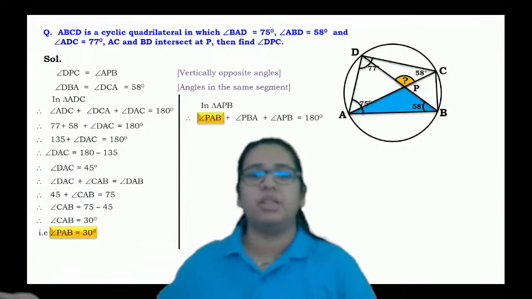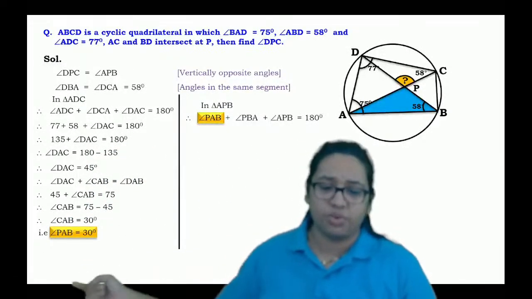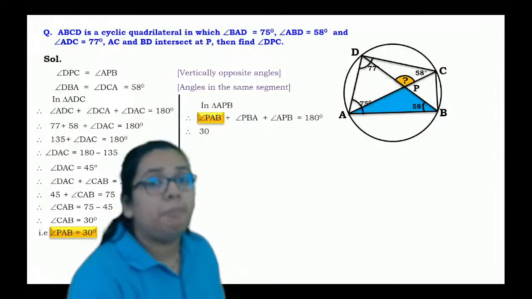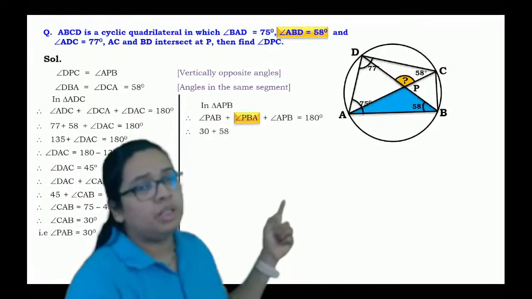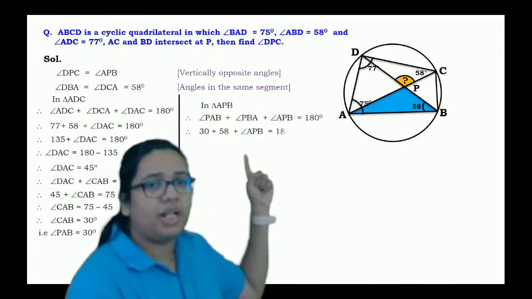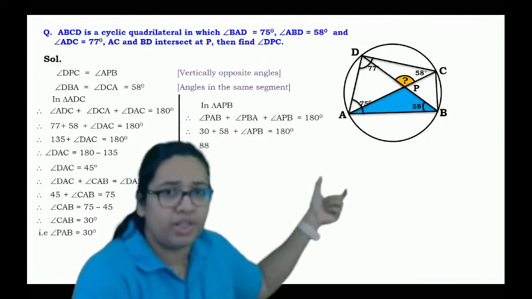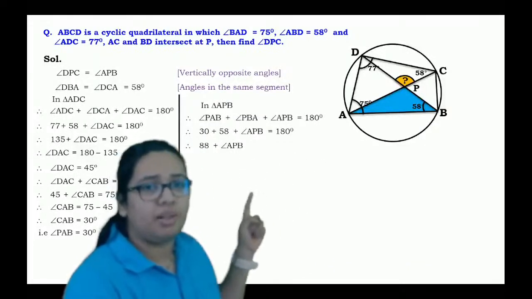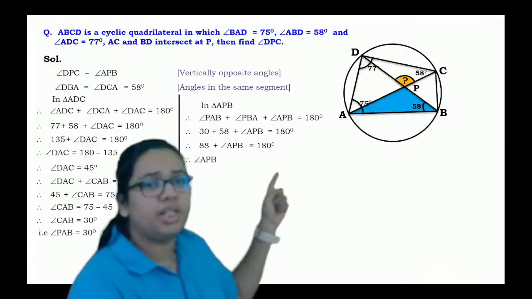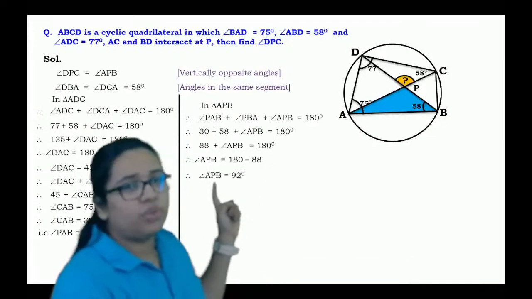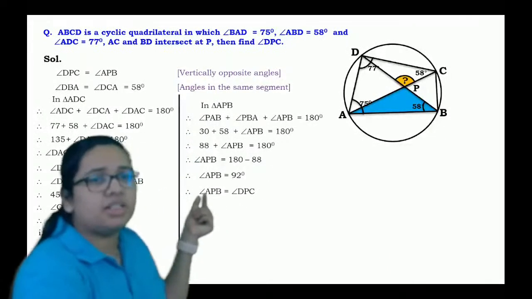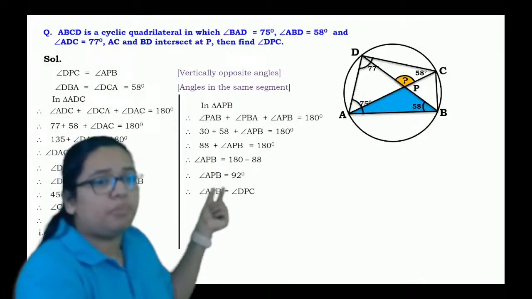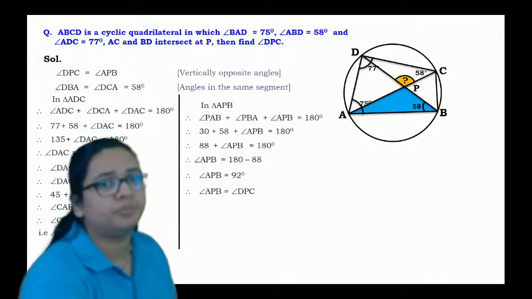PAB is nothing but the value we have just found, which is 30 degree. PBA will be 58 and APB we just have to find out. So measure of angle APB equals 180 minus 88. Hence the value of measure of angle APB will be 92 degree.